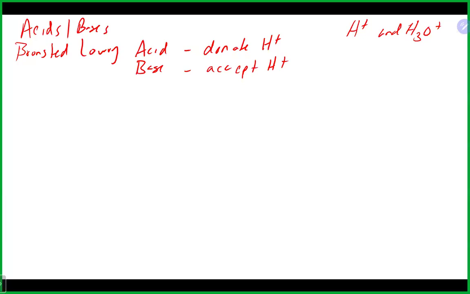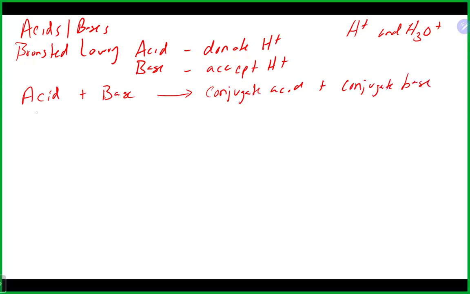We also talked about how, as a result of this definition, there are partners or pairs that are connected to each other. So we typically have our acid and base on the left-hand side of the arrow, and our partners on the other side are the conjugate acid and the conjugate base.